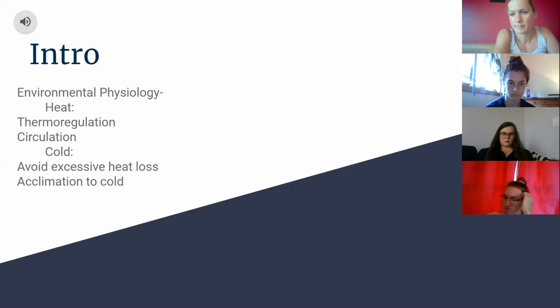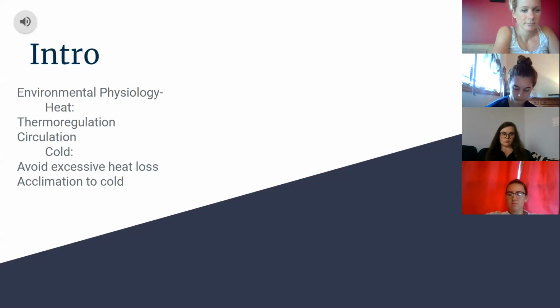So for circulation, for heat, the body wants to open up the vessels and move the blood from the core to the shell. Our body wants to remove the heat from our core to get the heat out of our body, I guess, to get back to homeostasis.